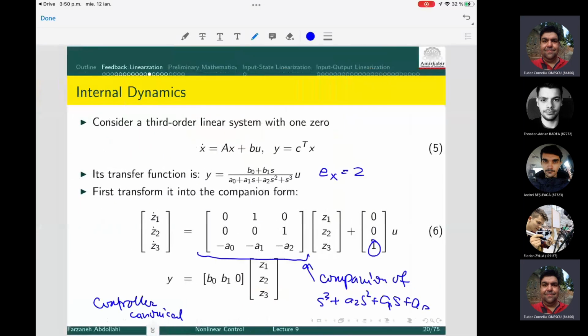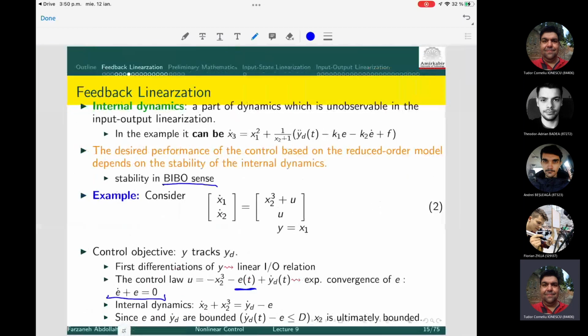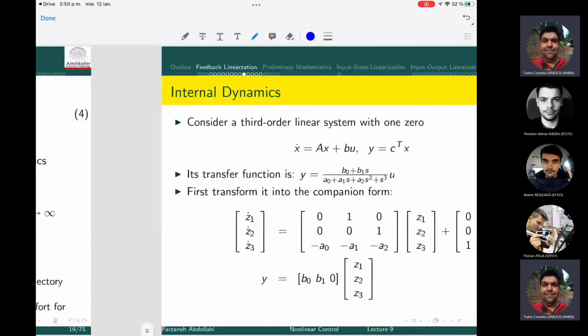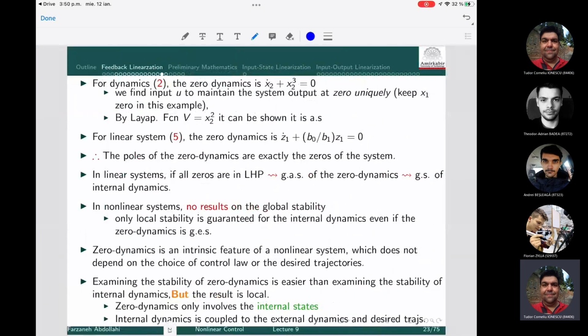Okay, so for example 2, the zero dynamics is this one, because you had u in this part, so this is zero. We find an input u to maintain the system output at zero uniquely, keeping x1 zero in this example.